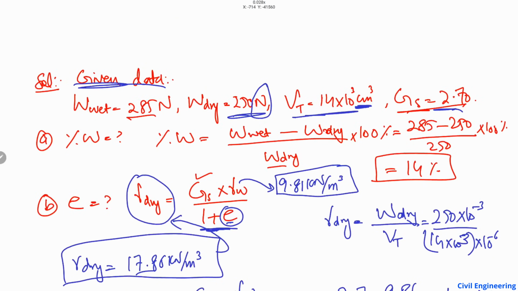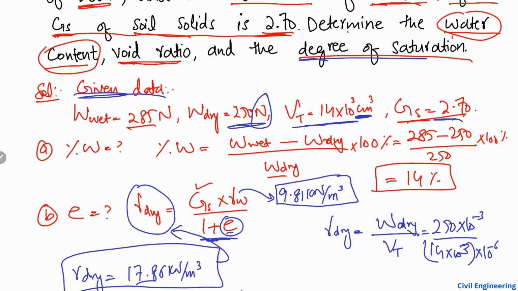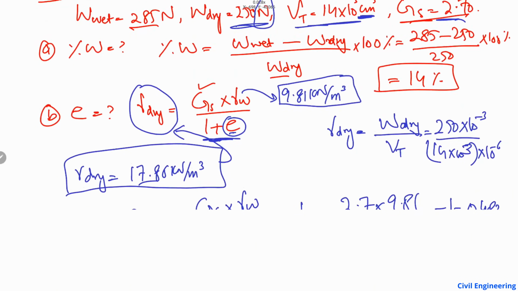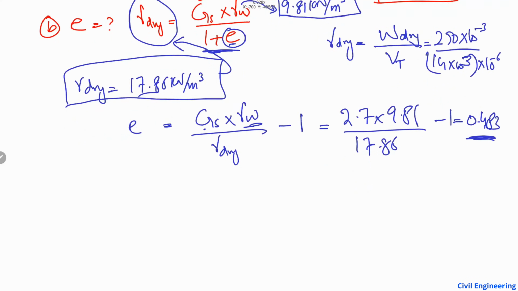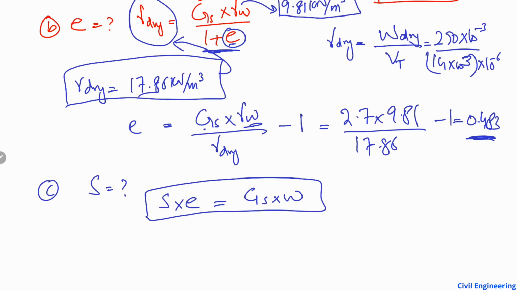The last unknown parameter is the degree of saturation, which is represented by S. There is one well-known formula: the degree of saturation into void ratio is equal to the specific gravity multiplied by the water content. It is a very useful and known formula in soil mechanics. Here the void ratio is known to us, the specific gravity of the soil sample is known to us, and the water content is known to us.